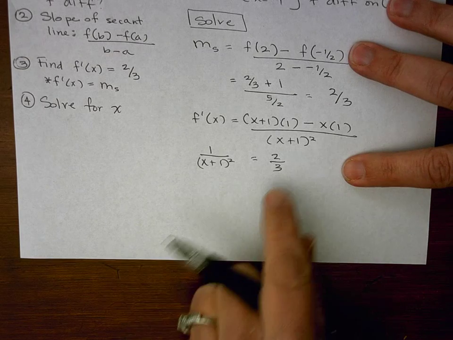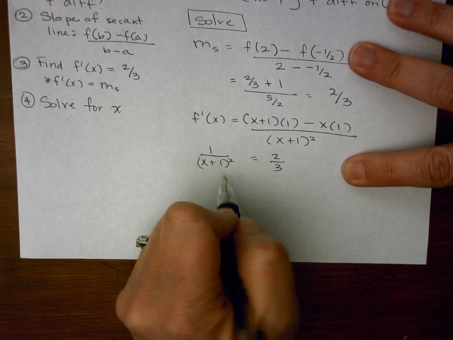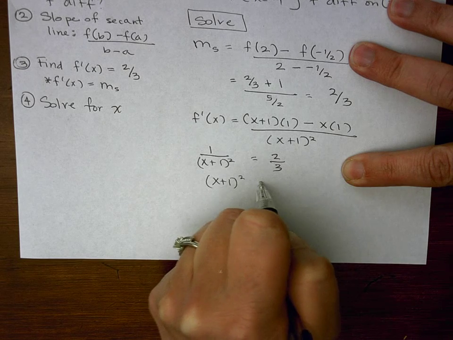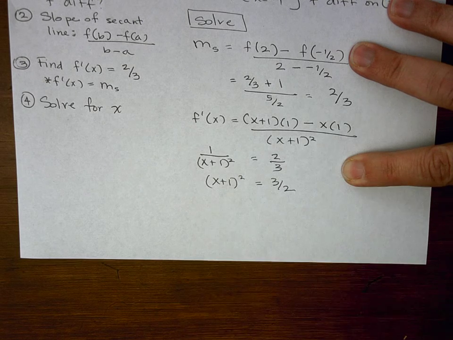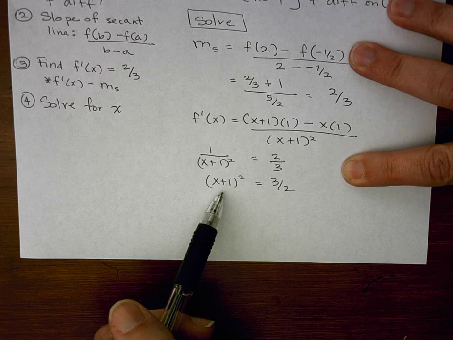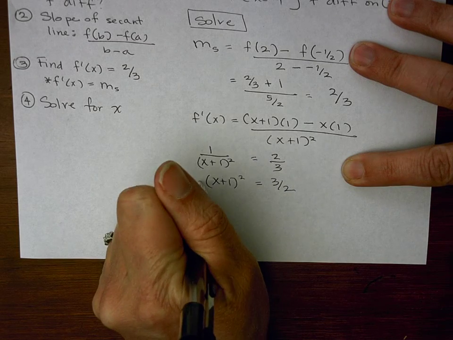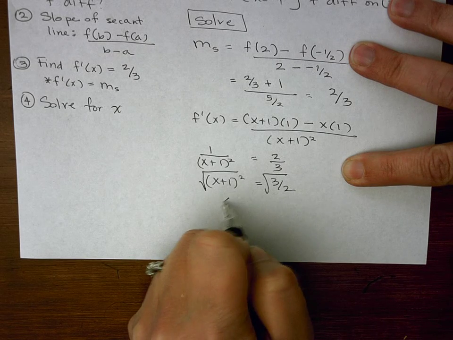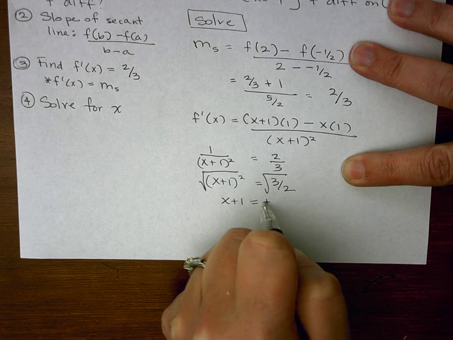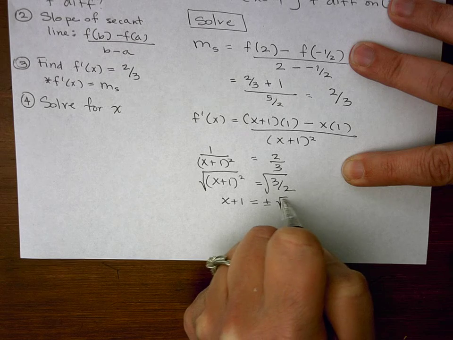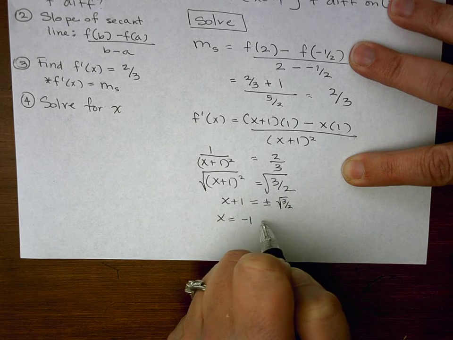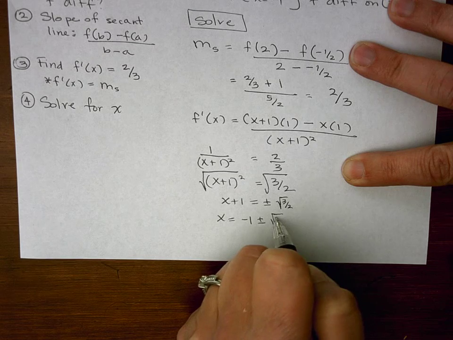Okay, so I'm just going to take the reciprocal of both sides. So take the reciprocal here and the reciprocal on the right. And then I'm trying to isolate x, so I'm going to square root both sides. And so then x plus 1 equals plus or minus the square root of 3/2. So x equals -1 plus or minus the square root of 3/2.